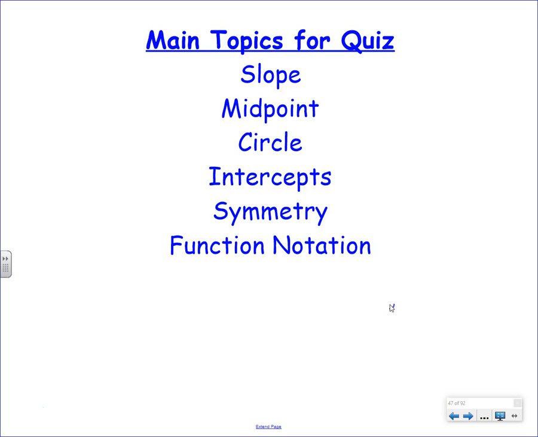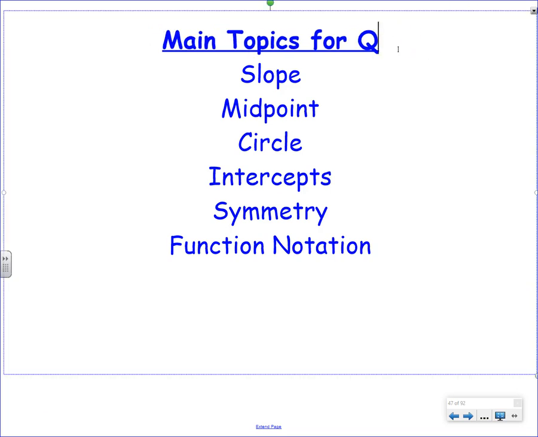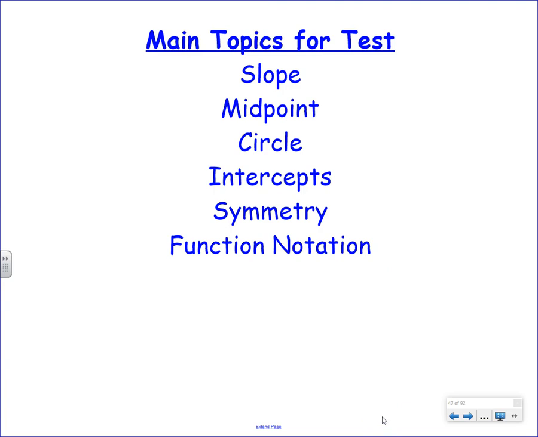I must have copied this from honors Precalc. They just had a quick quiz. They have a huge test at the end of the chapter. You guys get to split it up into 2 pieces, which is kind of nice. Main topics for test: slope, midpoint, circle, intercept, symmetry, function notation. Those are the big ideas. Are there little things like average rate, domain and range? Yeah, those are all important. I'm just saying these are the big ideas.